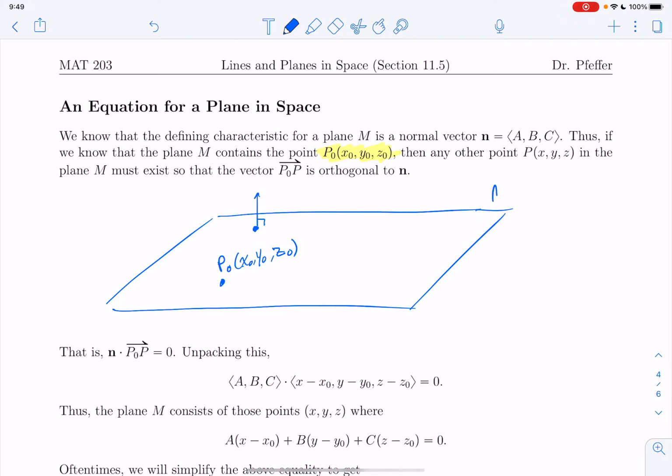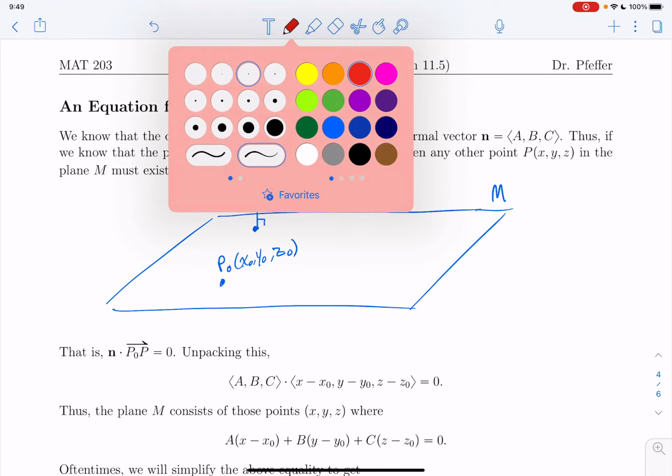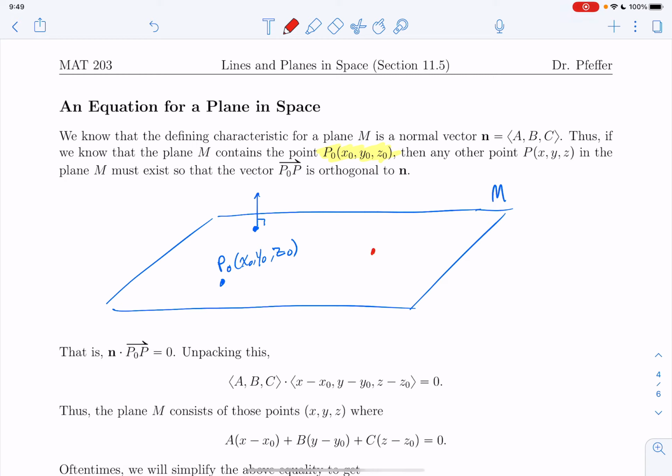And this plane M is then characterized by all points, say P, given as arbitrary x, y, z's, such that this point lives inside the plane. So sort of like the setup for the line.